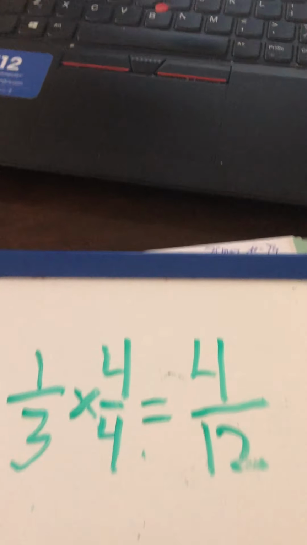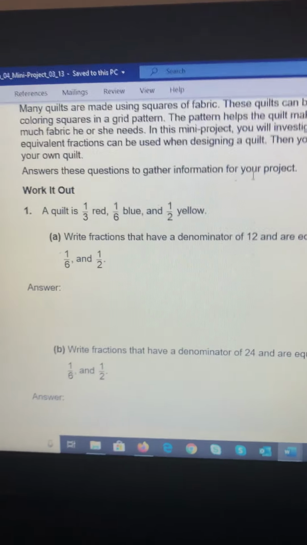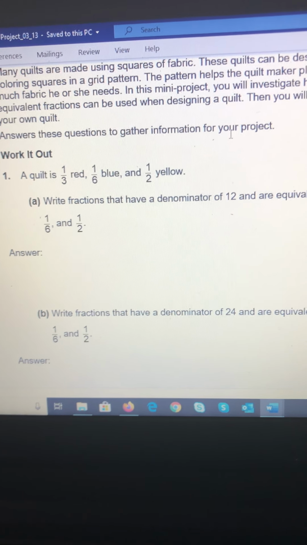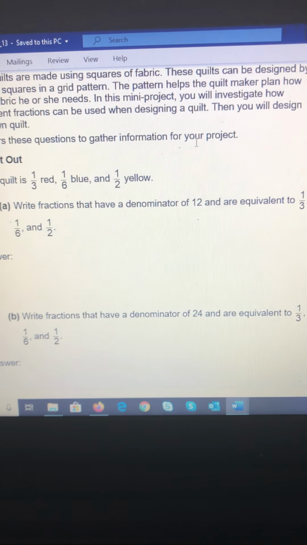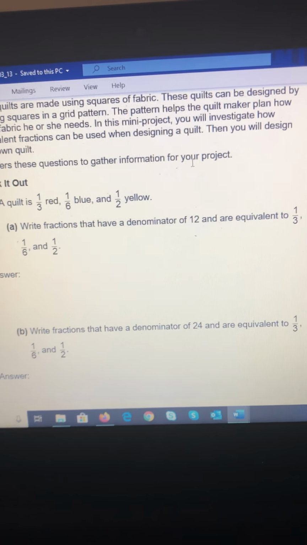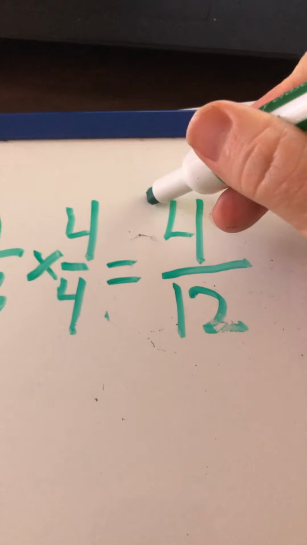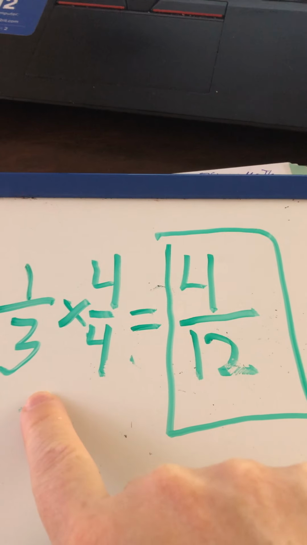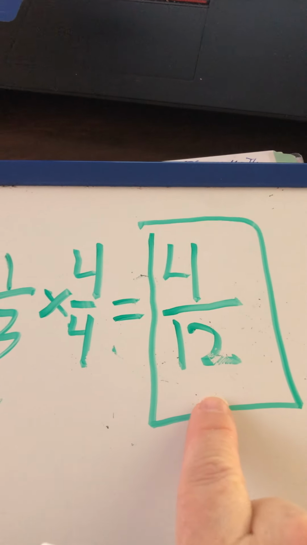Okay, so back up here to our question. It said a quilt is 1/3 red, 1/6 blue, and 1/2 yellow. Write fractions that have a denominator of 12 and are equivalent to 1/3, 1/6, and 1/2. So we just made 4/12, we found out, is equivalent to 1/3. So I just gave you that first answer.